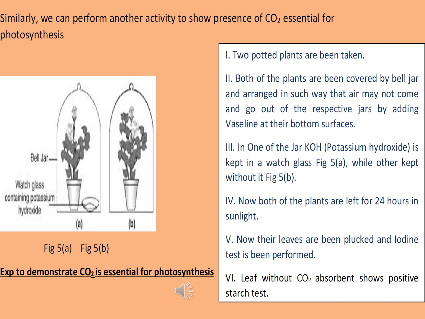So there will be a requirement of two potted plants, and both of the potted plants, as you can see in figures 5a and 5b, are being kept inside a bell jar. The only difference in both of the potted plants is the presence of potassium hydroxide, which we see in figure A but not in figure B.